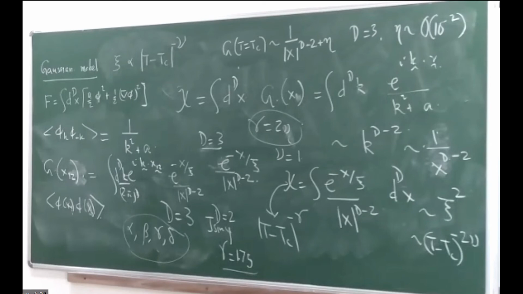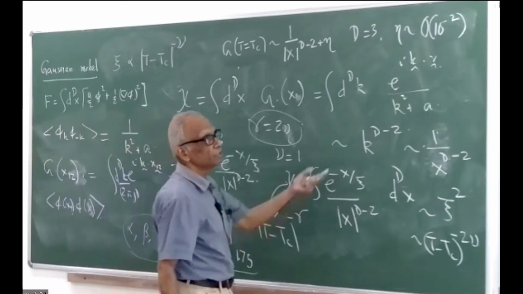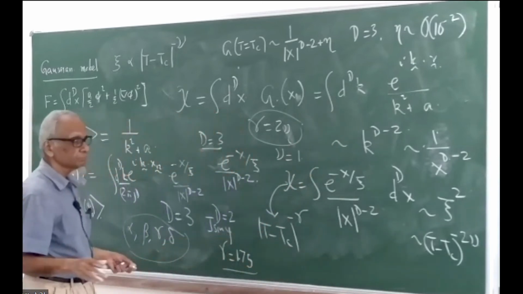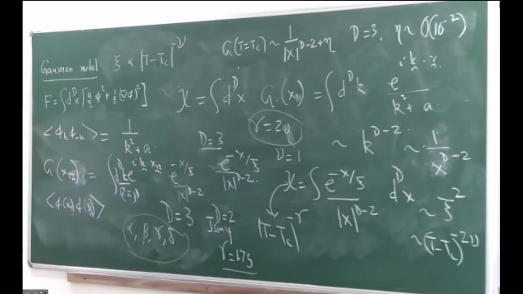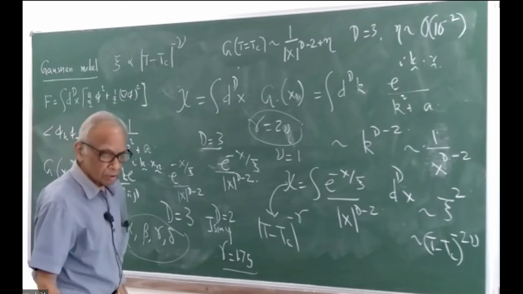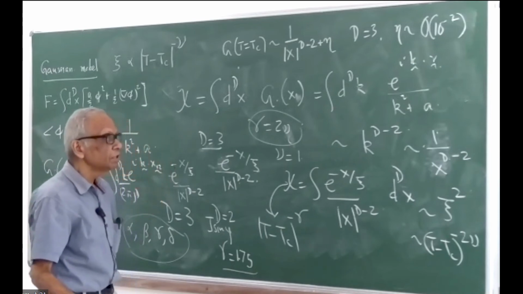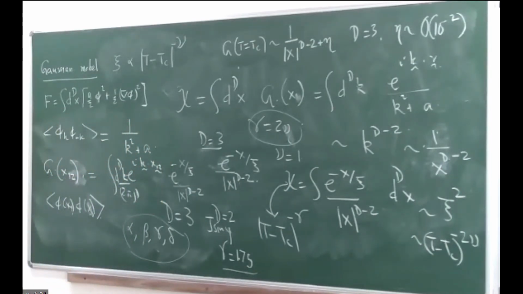That was the issue, with experiments, not even numerics. Even today, doing light scattering in d equal to 2 or neutron scattering is non-trivial.